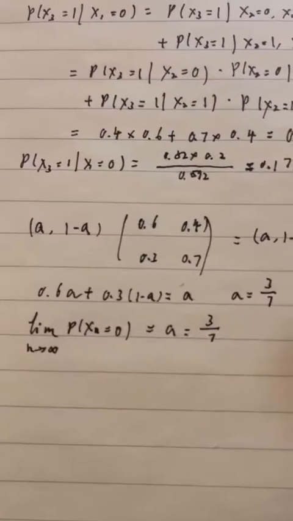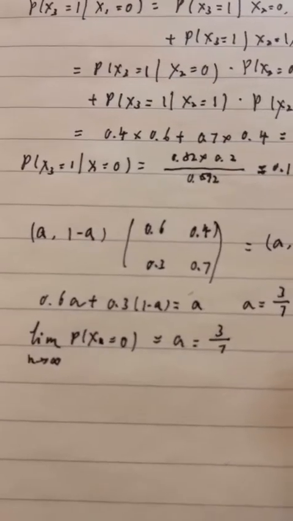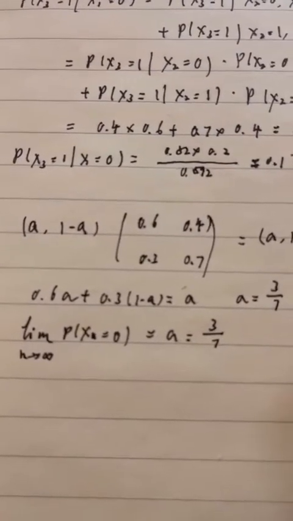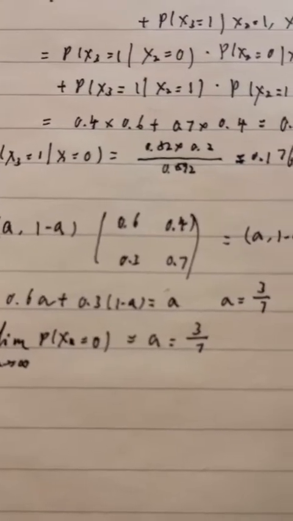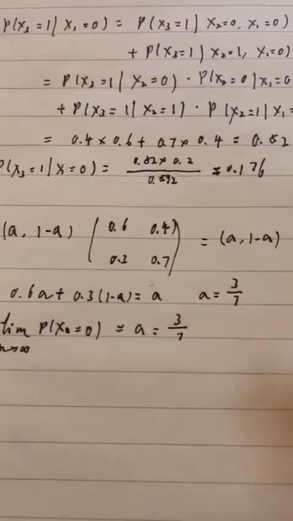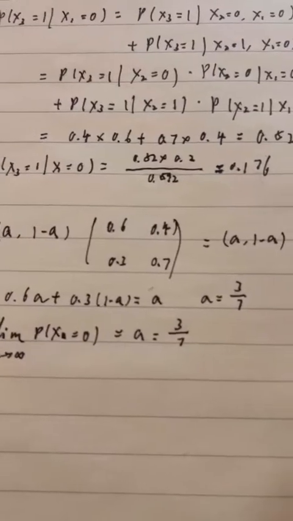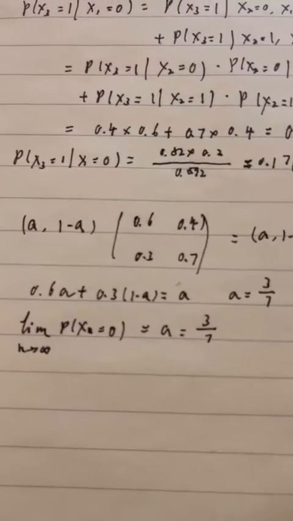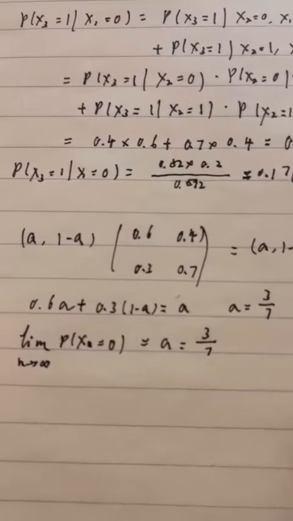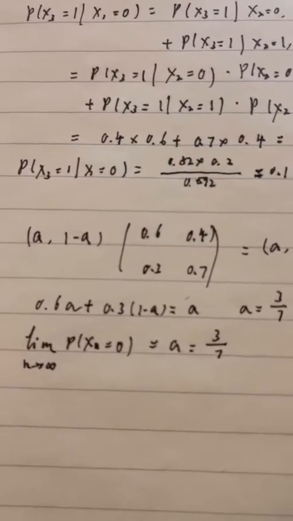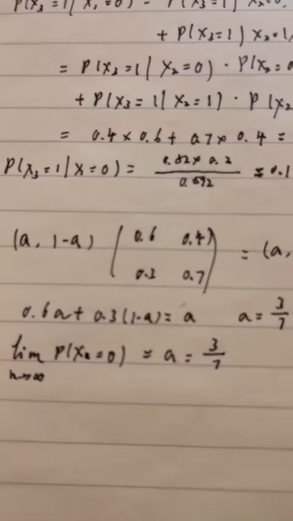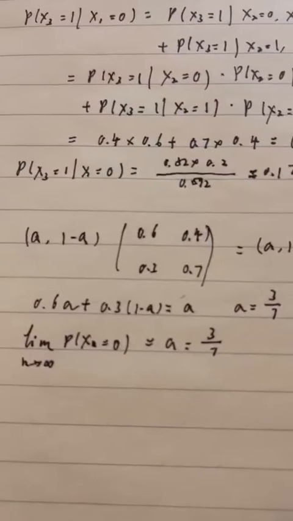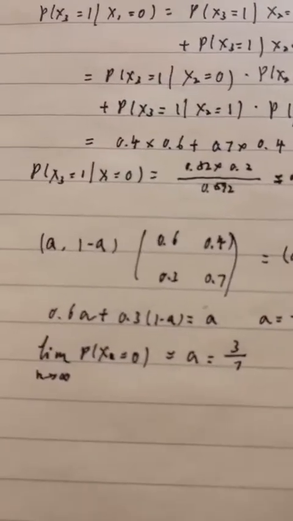But we can think about it like this: because we have to find it when n is infinite, the probability of P(xn = 0) will converge to a specific number, and after that, after it goes through every noisy channel, it won't change. That's how we can derive the limit of it.